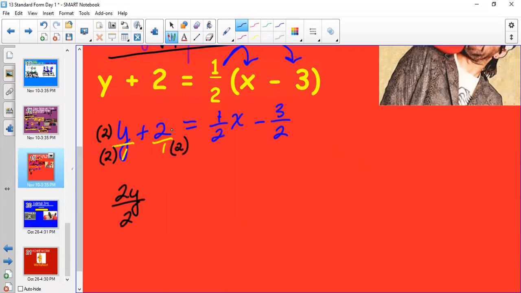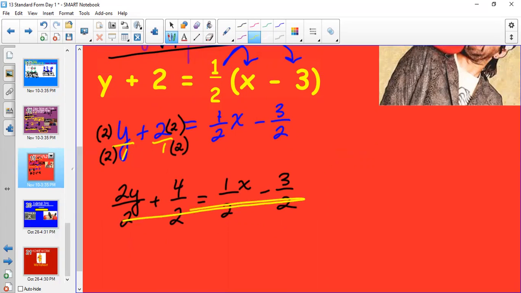And multiply the second one by 2 to get 4 over 2. And the other ones are already over 2. And then we can cancel out those fractions. All right, so we are left with 2y plus 4 equals 1x minus 3.